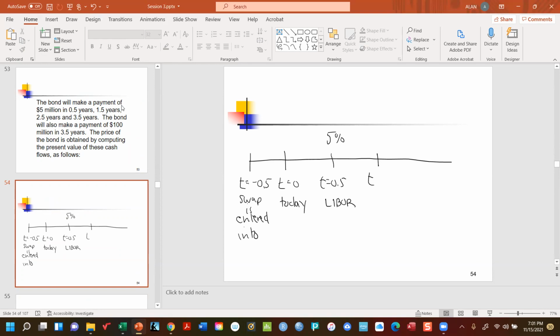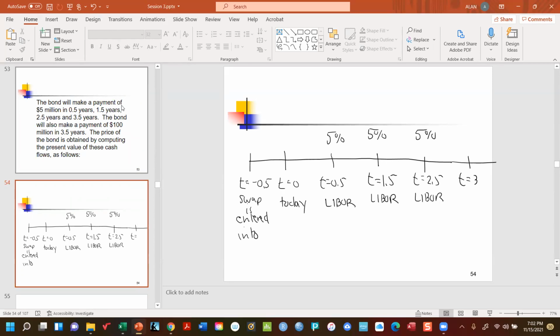And then a year later, at what we will call time 1.5, this is the next exchange of cash flows. And then this is the last one. So of course, it's the difference between the two that will be traded between the two.